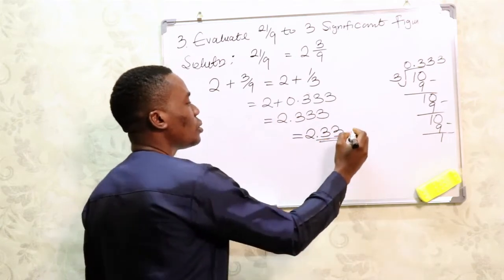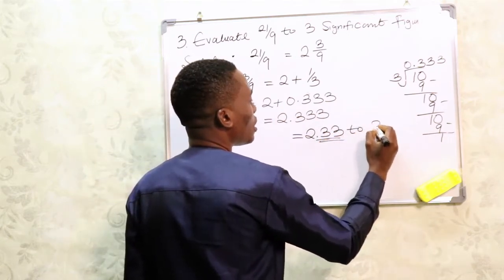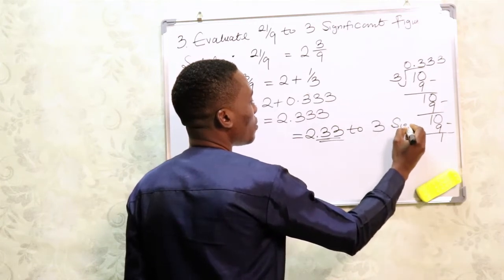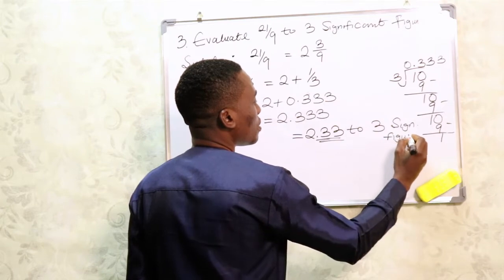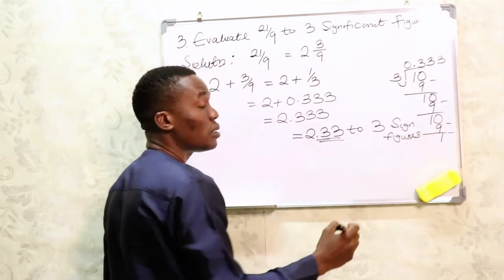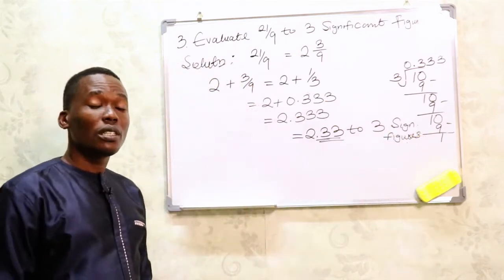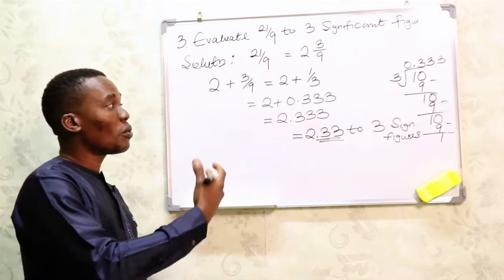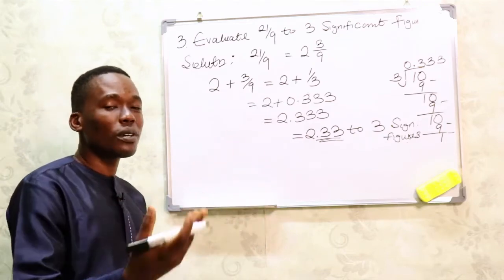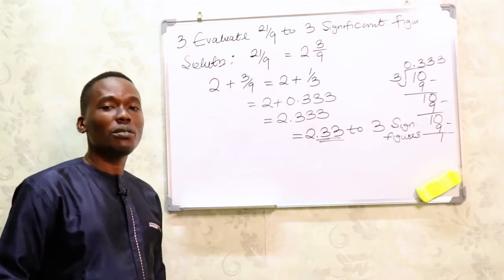That's the solution to 3 significant figures. So you see, the solution is very simple. When you look at the solution, you can equally apply these solutions to other fractions that you find very, very difficult.